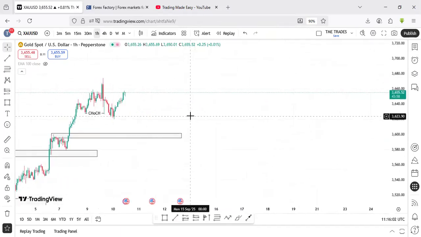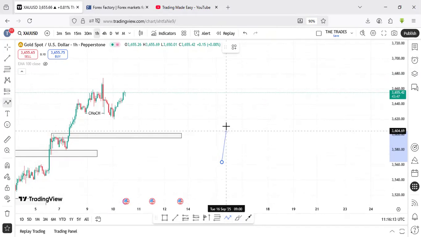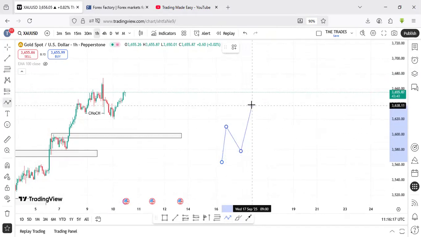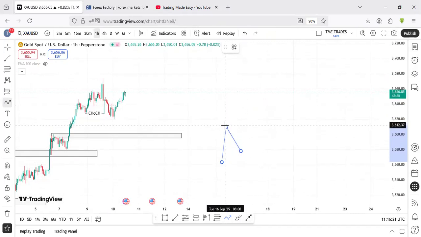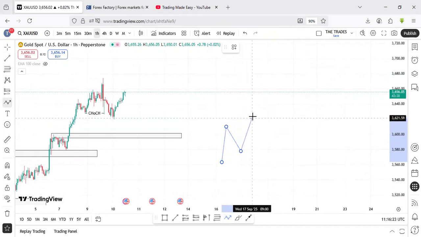Now, there is another thing I want us to have in mind. If you have been following me on some of my other channels, you will understand that once a market is moving, let's say this market is in an uptrend, before breaking this structure, which is creating another higher high, this market created a higher low and higher high internally.